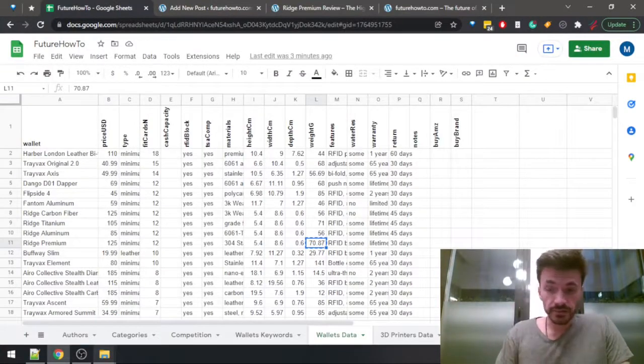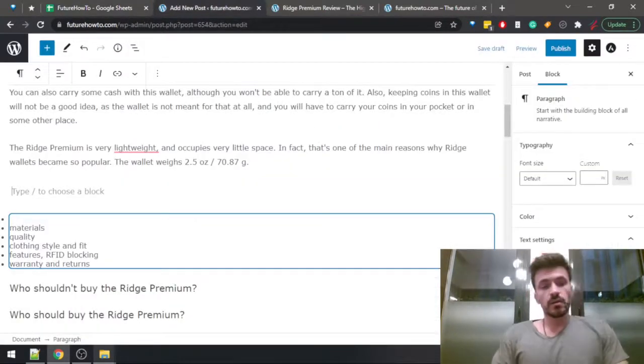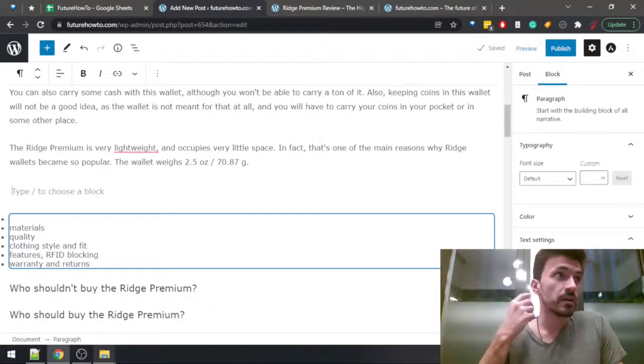How about materials? So stainless steel, titanium, carbon fiber, and gold in some cases. Maybe we're gonna do quality and materials in the same paragraph.